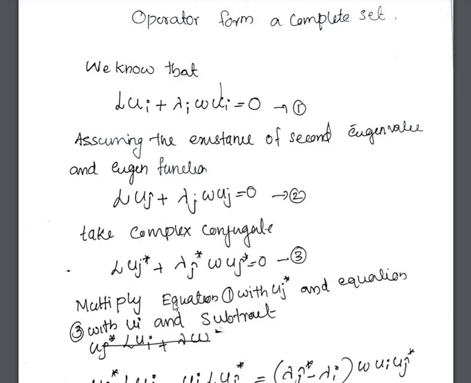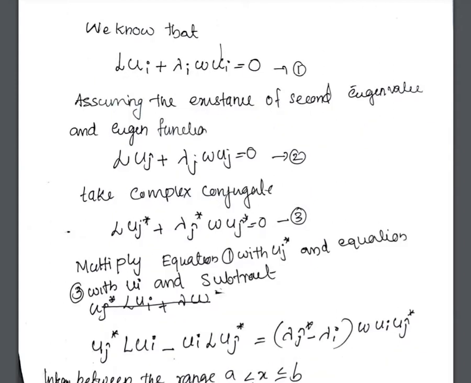Then we multiply equation 1 with uj star, and subtract. So first step is we have to multiply equation 1 with uj star, and second step is we have to multiply equation 3 with ui.